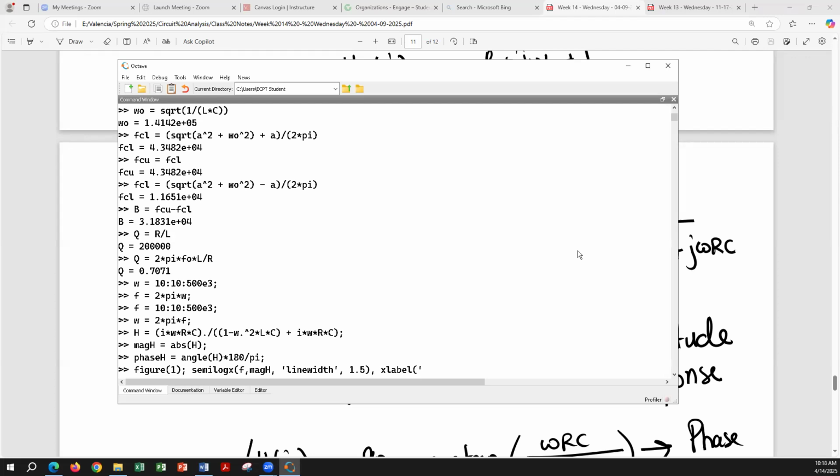X label is f in hertz, and y label is magnitude of h of jf.